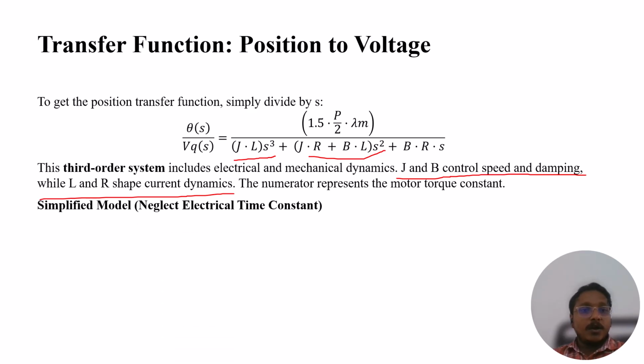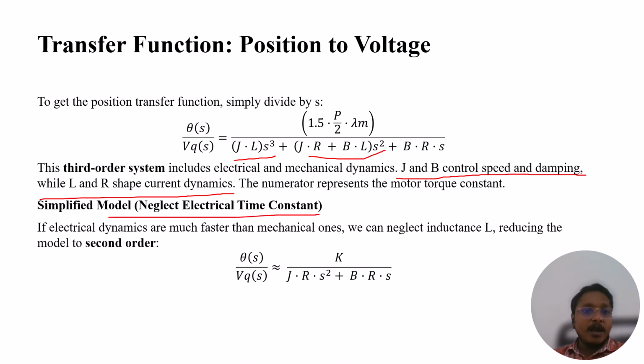The next one is to reduce the third order system to a second order system. What we are doing is neglecting the electrical time constant. That means the electrical time constant will be neglected, because the electrical dynamics are much faster than the mechanical ones. It varies very fast, in about 20 milliseconds, compared to the mechanical one. We can neglect the inductance.